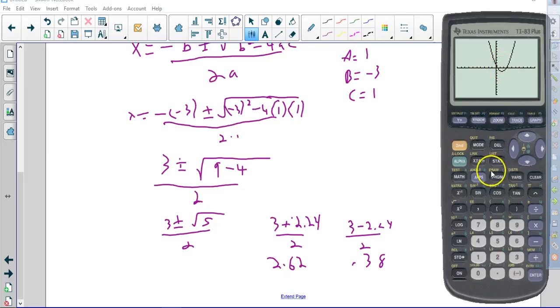But now, again, if you noticed earlier, there was a quad program. So let's see how nice this is. You hit enter again, and it says enter A. So 1, enter. The gray negative key, 3, 1, and there you are. 2.61 and 0.381.